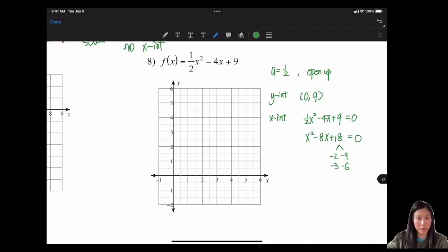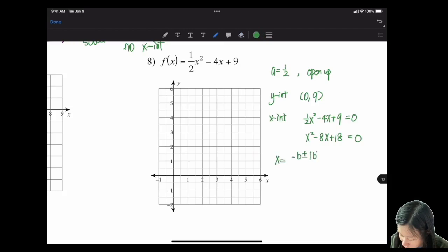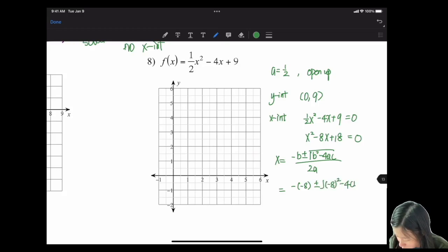No, so maybe we can't factor this time. So if that's the case, let's use the quadratic formula. We have x equals -b plus or minus the square root of b squared minus 4ac, over 2a. This is equal to negative negative 8 plus or minus the square root of negative 8 squared minus 4 times 1 times 18, over 2 times 1.